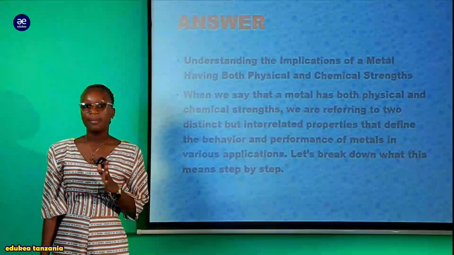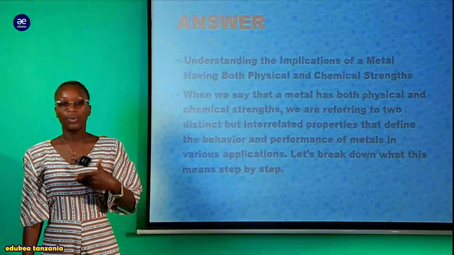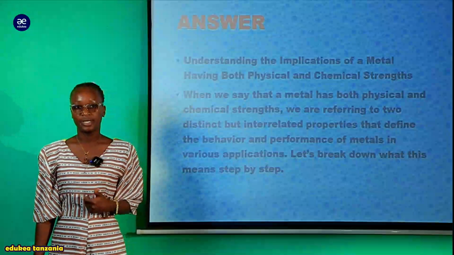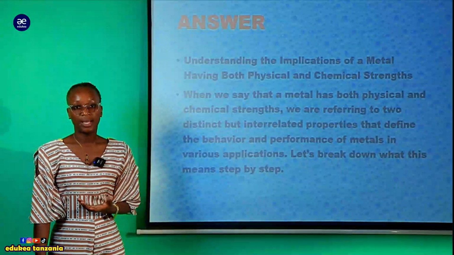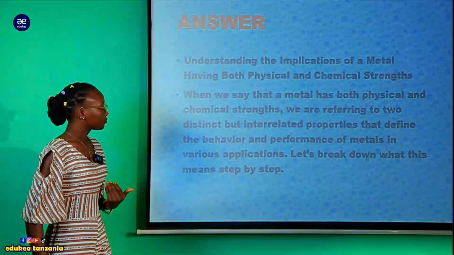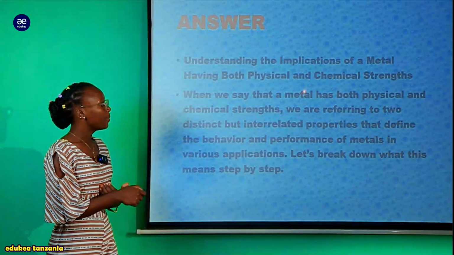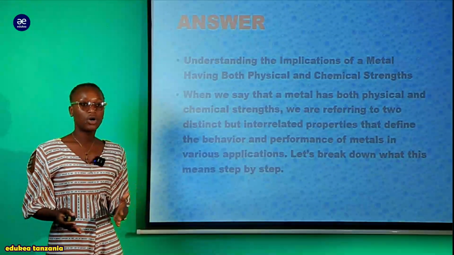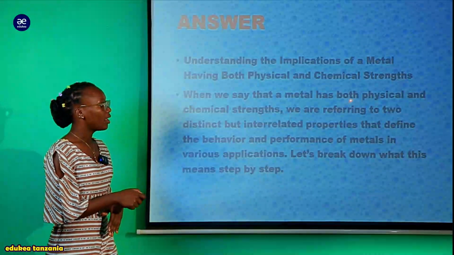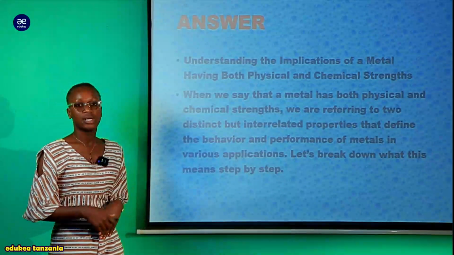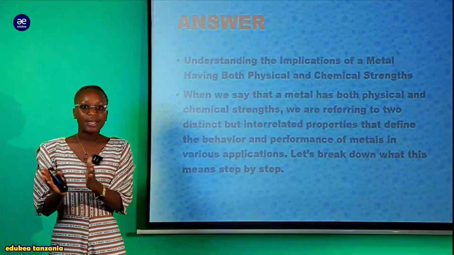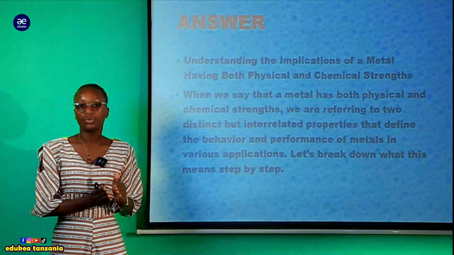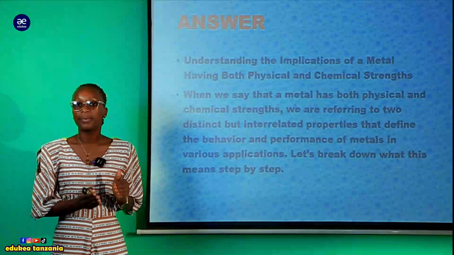I hope kidogo nimeanza kukuelewesha maana ya hiyo statement, kwa sababu swali letu linatuambia what does the statement imply. Kwa hiyo when we say that a metal has both physical and chemical strength, we are referring to two distinct, yani two different things ambapo kila kitu kina unique properties.